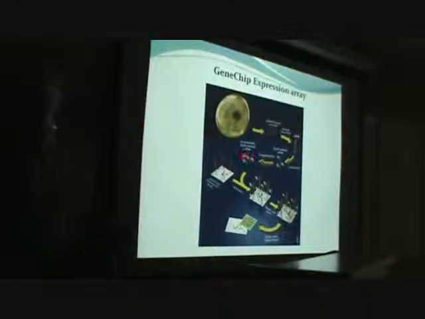So the gene chip expression array, which is what the Affymetrix chip would be, uses RNA taken from a particular cell type, whatever the cell type of interest is. It's extracted, it's reverse transcribed, it's labeled, it's fragmented so it's an appropriate size to hybridize to the chip, and hybridized, washed, scanned, and you get a much more complex scan coming out of the end.